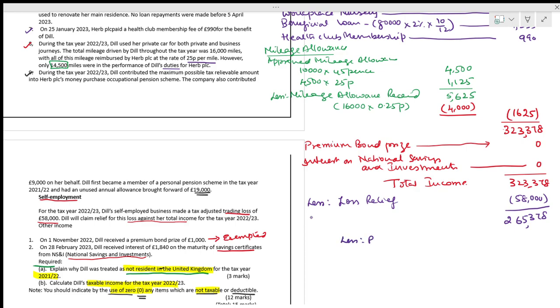But you have to write personal allowance. Is it right? So see, each step counts for marks. Okay, personal allowance is how much? 0. How much is the 265,378? This is going to be called the taxable income.